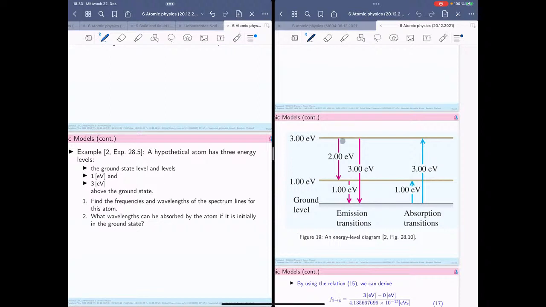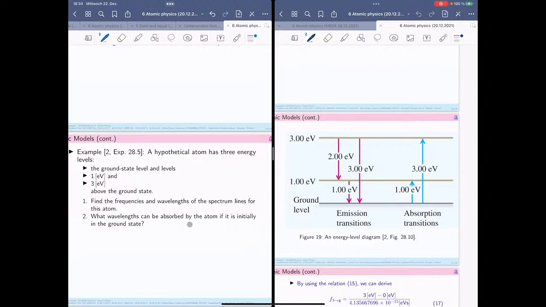The difference from 3 to 1 is 2 eV, and if you start from 3 eV to the ground state, you would have an energy difference of 3 eV, because 3 eV minus 0 remains 3 eV.